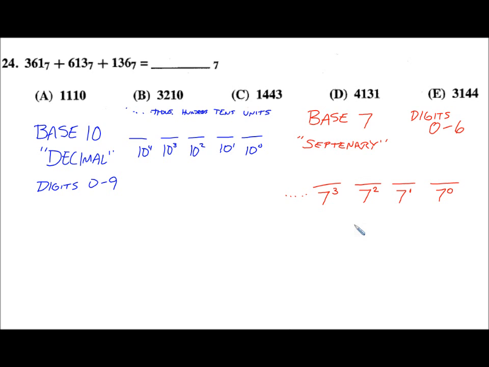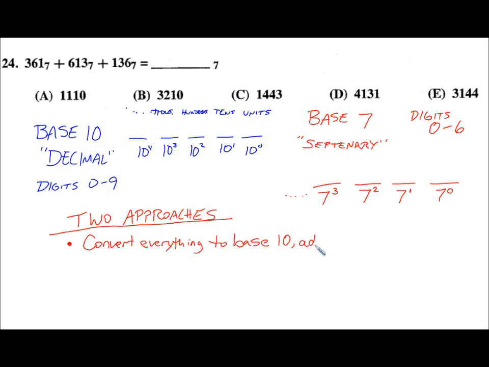For any kind of number base problem, there's two really good approaches. I'll be honest, one takes a whole lot of math, the other takes not too much, but it takes a lot of thinking. We could convert everything to base 10. Of course, we then would have to add those numbers together and then convert back to base 7. That's the method that requires a lot of steps, a lot of math.